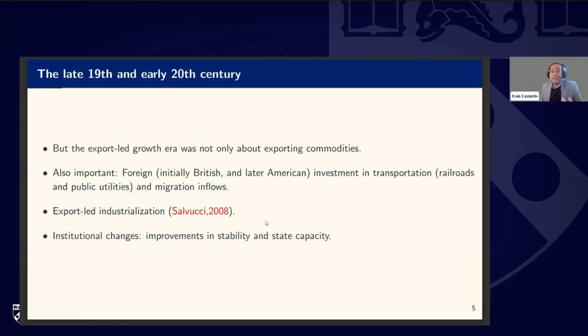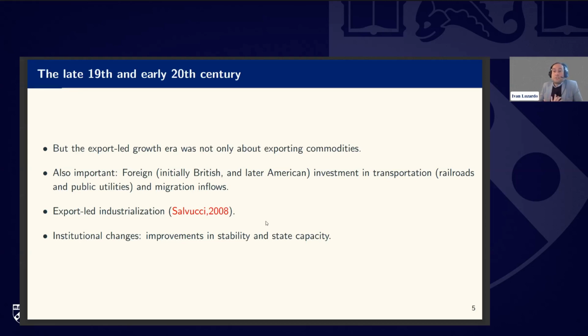So foreign investment is another important point to consider in this transition. We will see that initially British investment, and in the 1920s American investment, was essential to railroad construction in Latin America, to infrastructure improvement.